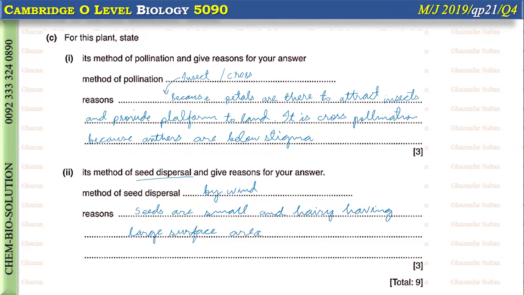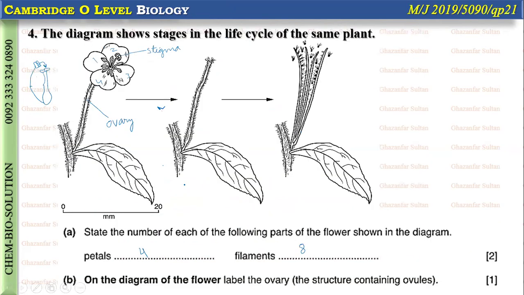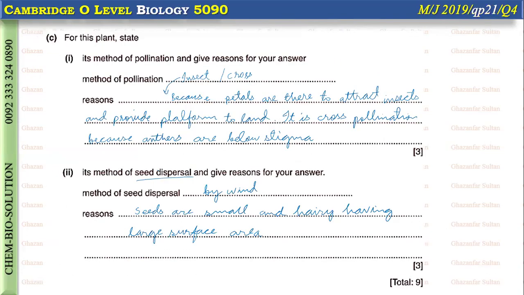So that's why we consider that the dispersal occurs by wind. So when it is split out, then it can float in the air. So this was the question number 4.